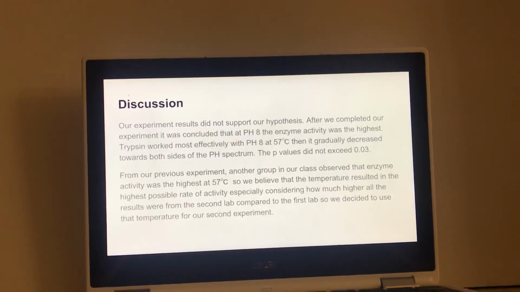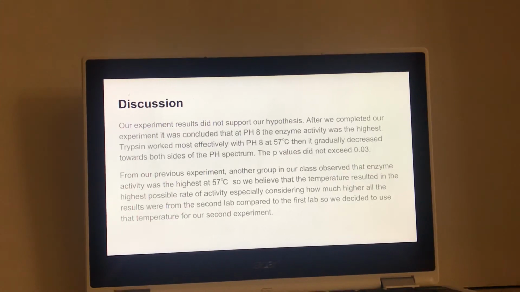So we decided to change our temperature to 57 degrees Celsius, and we tested our pHs from last time, but we added the half increments. This is why we believe our control variable conditions were true, because other groups had almost the same results.